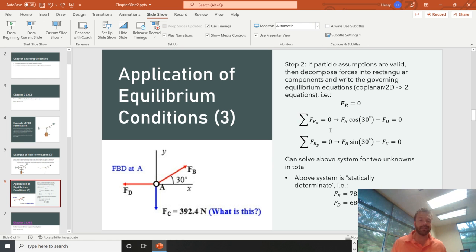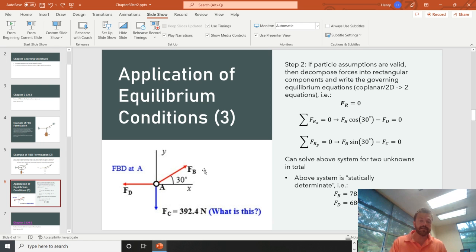Well, physically, what is going on here? In the horizontal direction, whatever the x component of FB is, pulling to the right, it must be counterbalanced by the force pulling to the left of FD. We can decompose FB into its x component by taking the magnitude times the cosine of 30. So that's what this equation says here: the x component of FB pulling to the right offsets the force FD in our free body diagram.